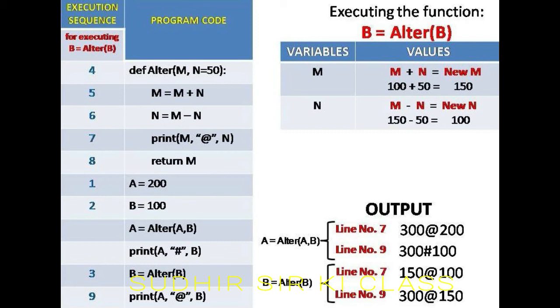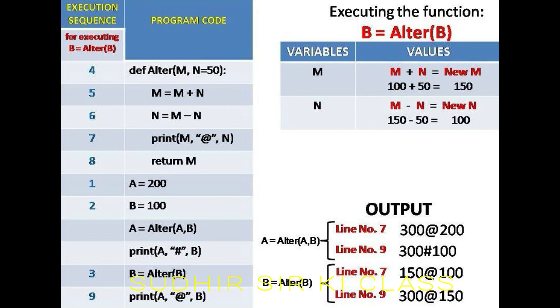So where will this value come? This value will come to B because you have called the function B is equal to alter B. Now the variable B in your program will be updated with this new value 150. So its value will no longer be 100, which was its original value.